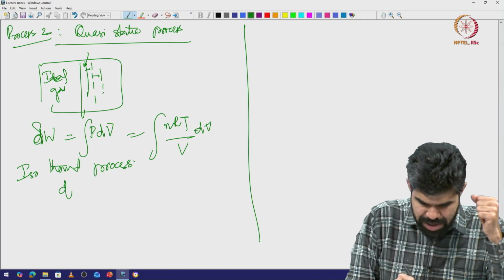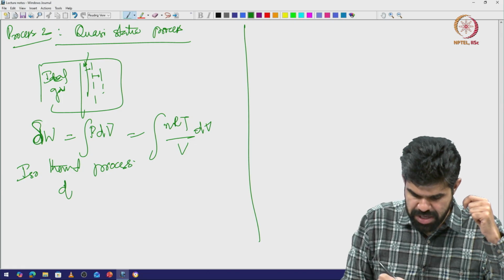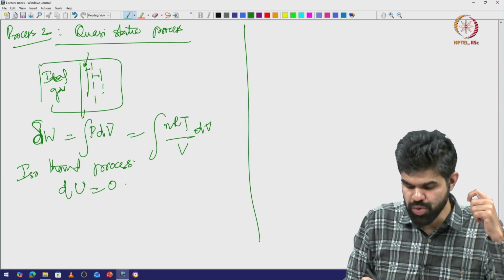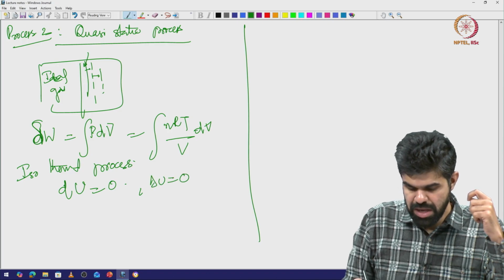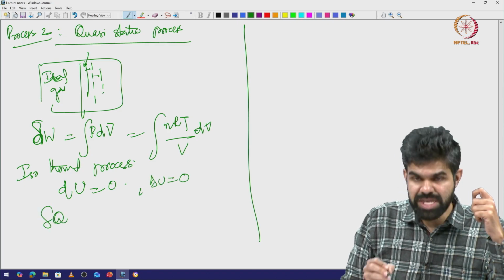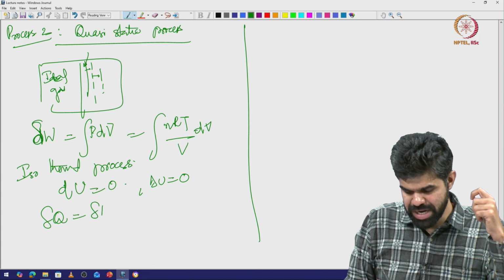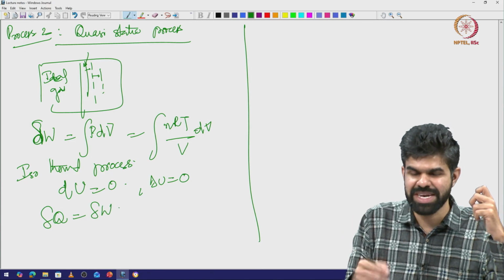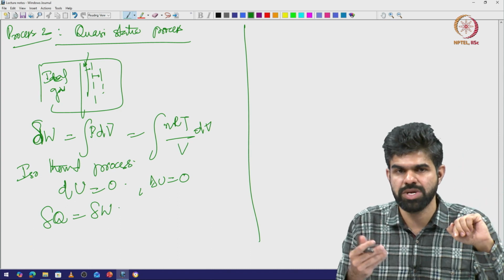Sorry, this is delta W, because it is a path function, while dU equal to 0, or delta U equal to 0. So, the delta Q in this quasi static process should be equal to delta W, and that is nRT by V dV. You can integrate that. I am not going to do this calculation, you can do it yourself.